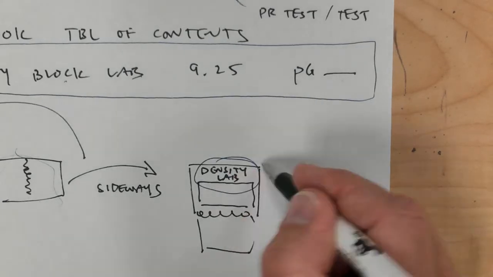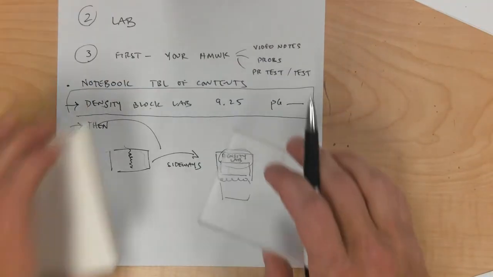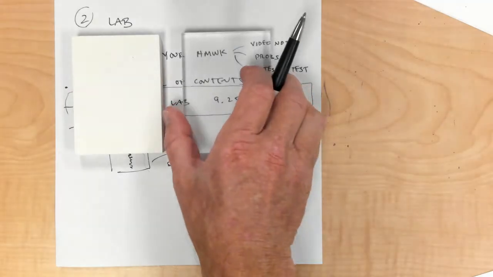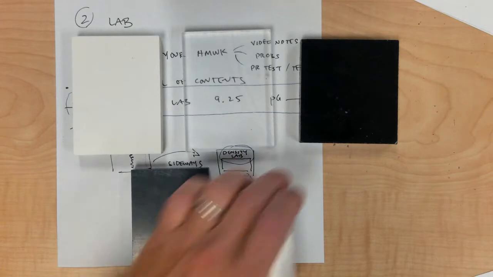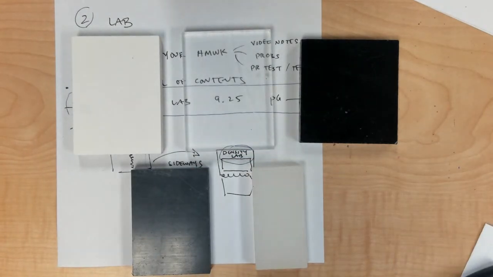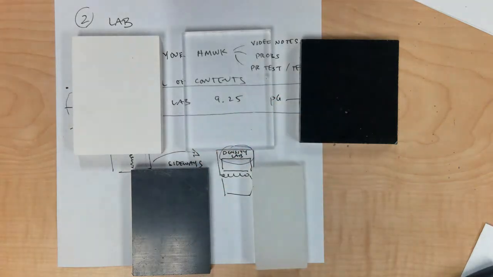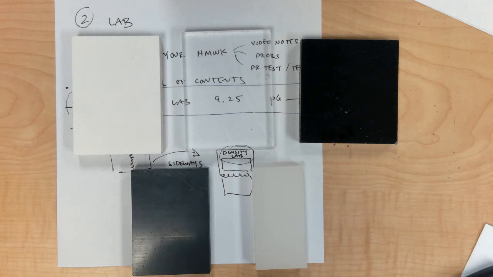After you have your notebook sideways and have the words density lab right there, we're going to make a data table, but first I'm going to tell you what we're going to do. We are going to take 5 different blocks, a paper white color, a clear color, a black color, a gray color, and a milky white color block, and we are going to determine the length, width, and height of each one of these blocks, and then we're also going to determine the mass of each one of those blocks.